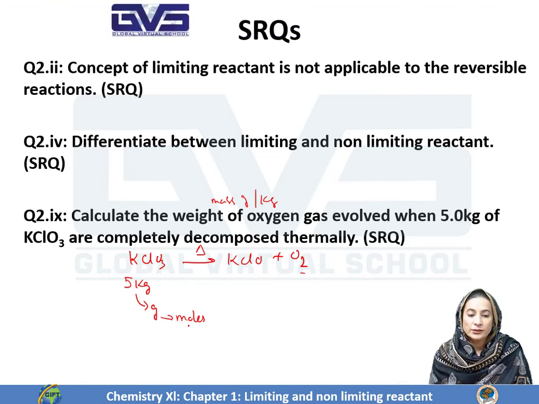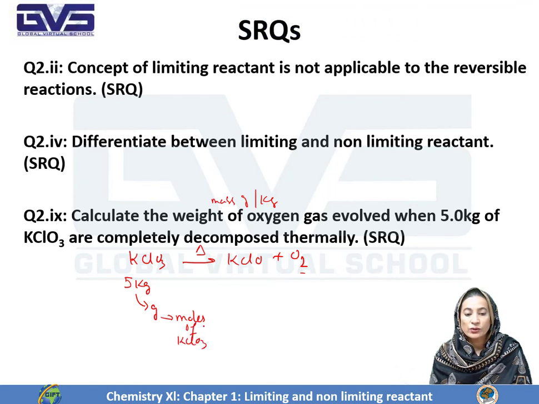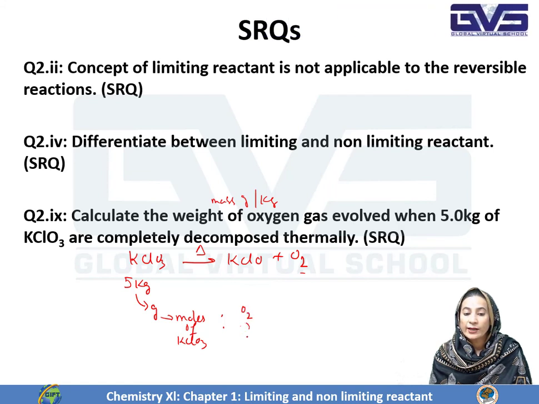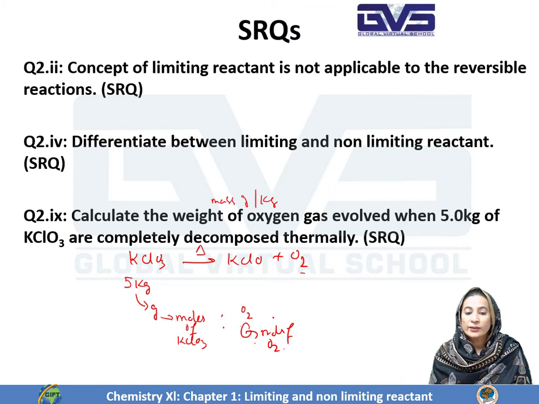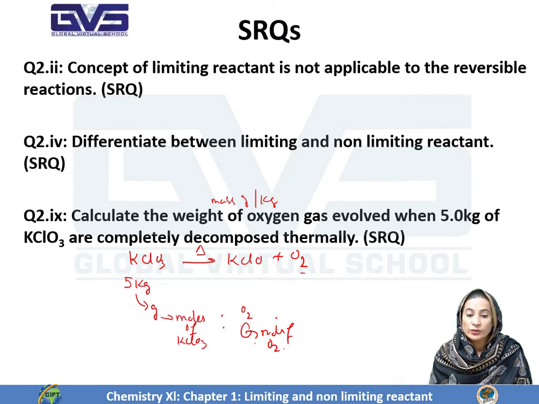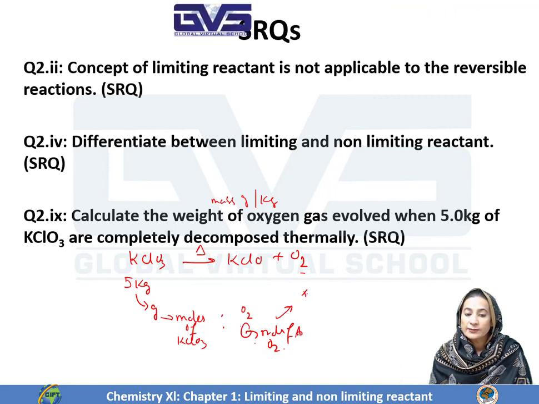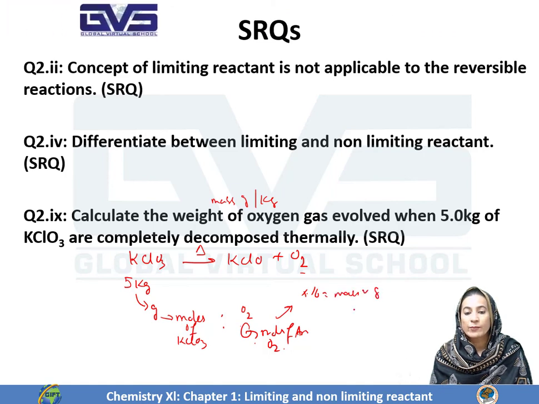So here you will find the moles of KClO3. Then compare these moles with the moles of oxygen and calculate the moles of oxygen. Then convert these moles back into mass by multiplying by 16. Then you will find the mass of oxygen in gram.